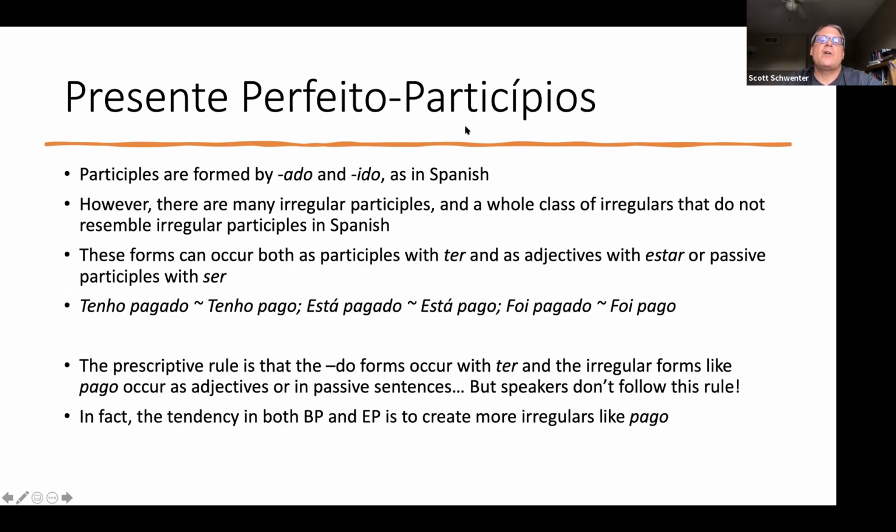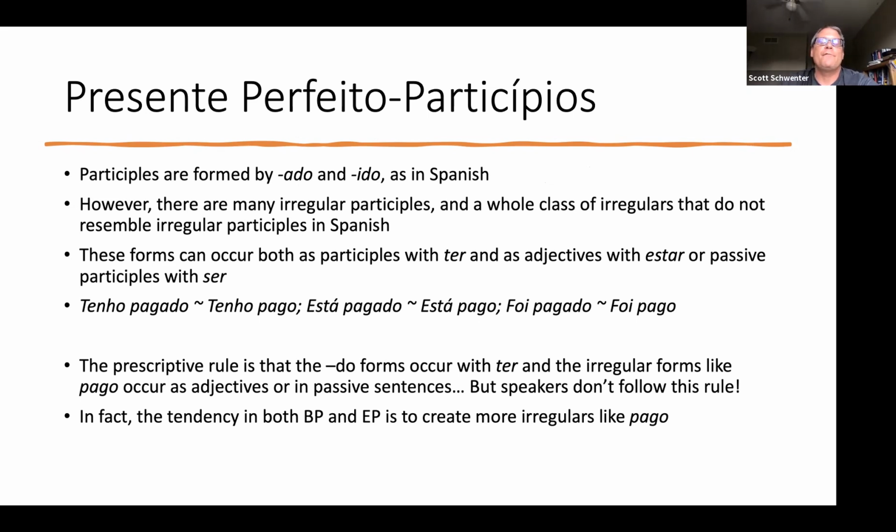So let's also talk about the participles. At first glance, the participles seem really easy because they're formed with ado and ido, right? So I'm talking about the past participles as in Spanish. But there are many, many irregular participles, and there's a whole class of irregulars that don't look like anything in Spanish.